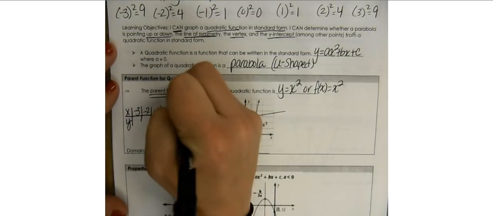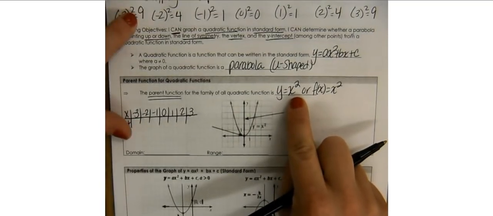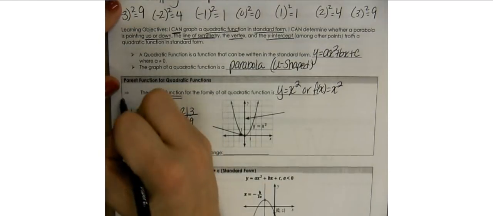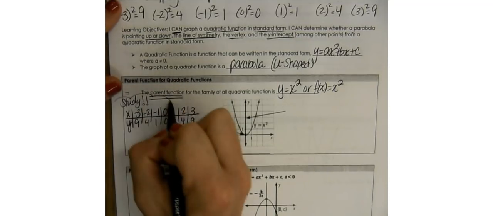If we were to let x equal -3, -2, -1, 0, 1, 2, and 3, our outputs is where we plug in -3 into our parent function. -3 squared is 9. So our outputs is essentially our warm-up. 9, 4, 1, 0, 1, 4, 9. This table is something that I need you to know and study. So please make sure that you feel very comfortable with identifying the parent function ordered pairs.